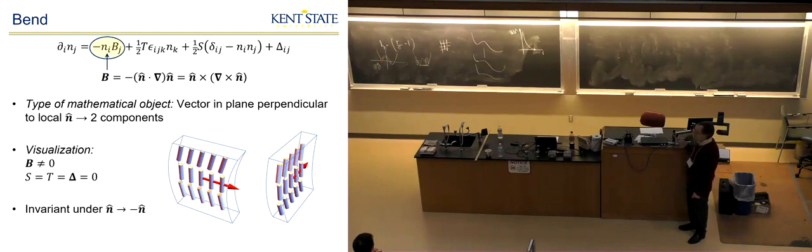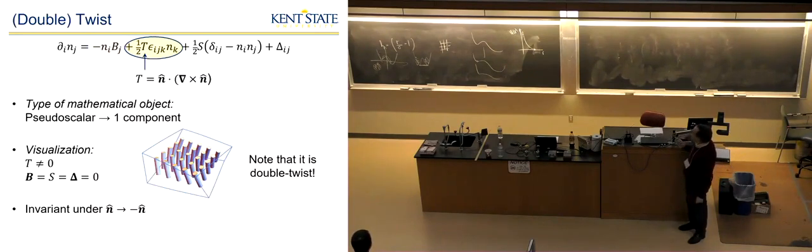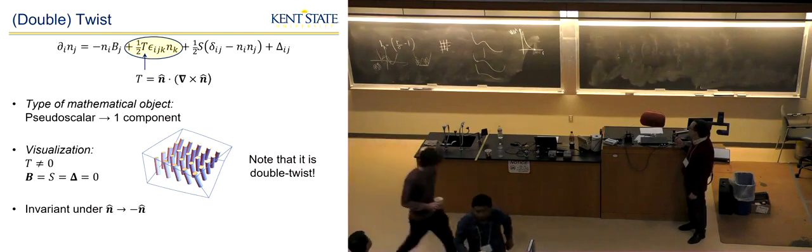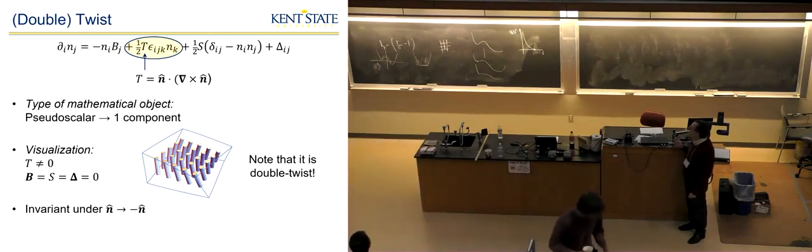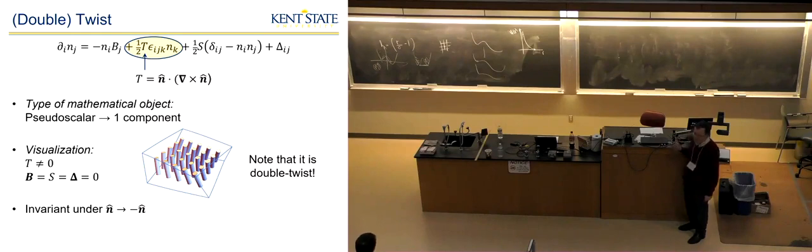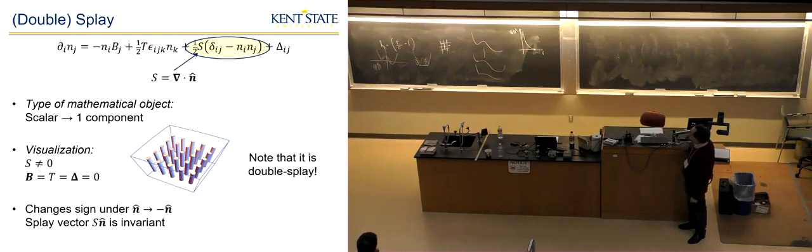So it doesn't matter whether I choose n or negative n, I get the same number for bend. Likewise with twist. The mathematical definition of twist is also even in n, and so it also is invariant under the transformation of n to negative n.